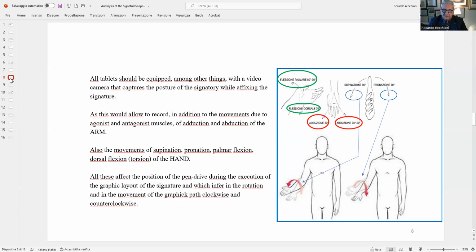All these affect the position of the pen during the execution of the graphic layout of the signature, and which influence the rotation and the movement of the graphic path, clockwise and counterclockwise.